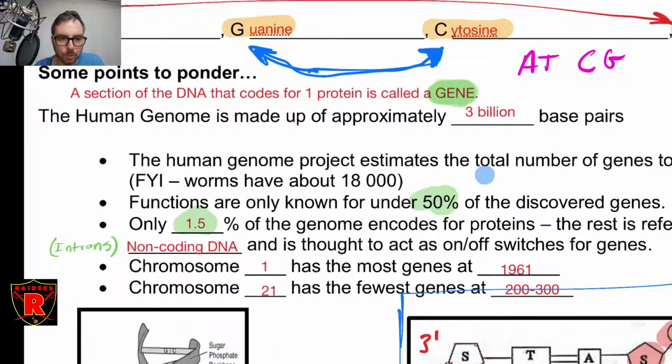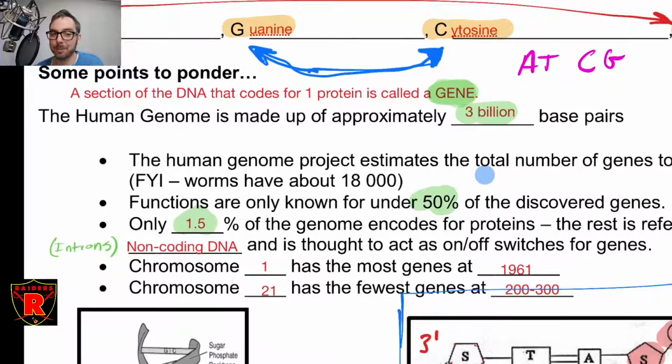If you were to go through and read your entire genome from beginning to end, and remember that you just read along the one side of the ladder, A, G, C, T, T, T, G, G, G, C, T, T, T, G, T, T, T, T, T, C, whatever. You can read the whole thing from beginning to end. It is approximately 3 billion base pairs long. So it's pretty long. You got a heck of a long code there.